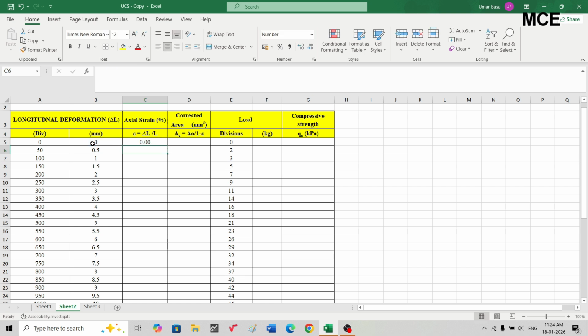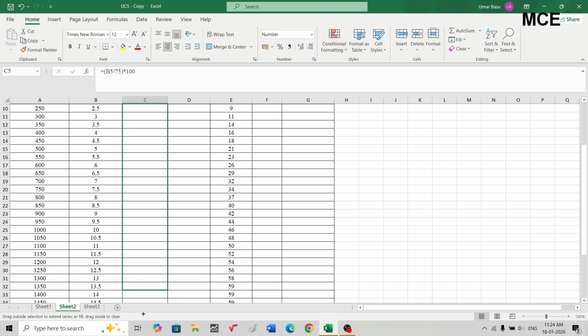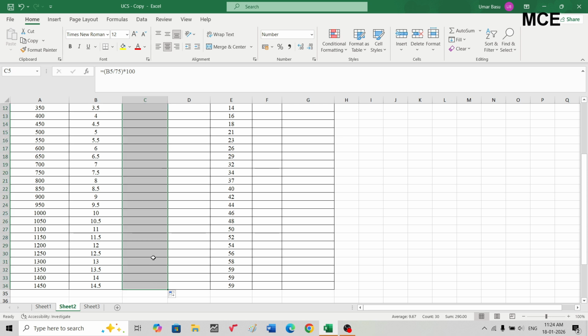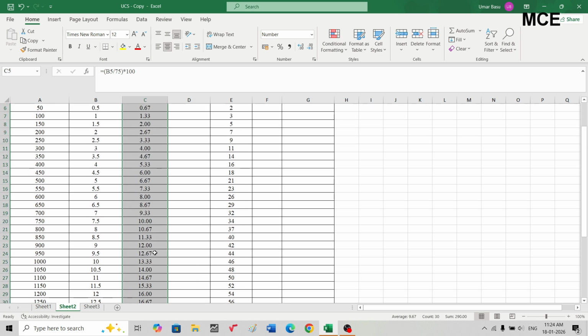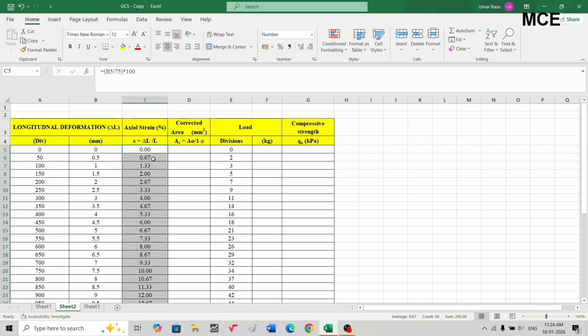Obviously for 0 it will be 0. Similarly select the first cell and drag it till the last row, and Excel will calculate the value for the rest of the axial strain values. For 50 divisions of axial dial gauge reading, axial strain is 0.67 percent.